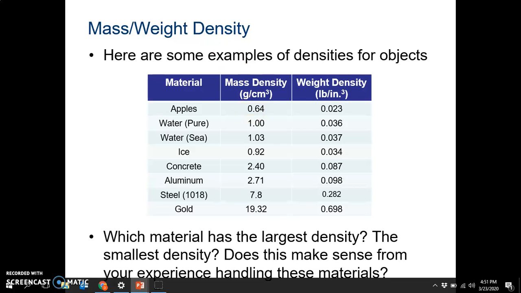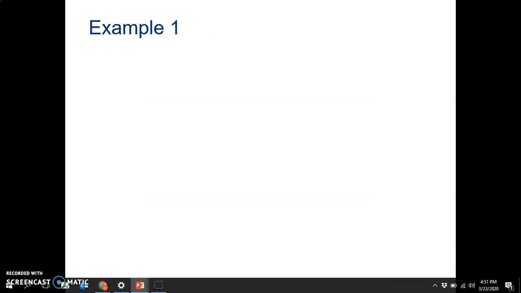The largest density would be gold, 19.32, which makes sense. Metals are pretty heavy for a given size, and apples are relatively light for a given size. If you take the size of an apple and fill that up with, I don't know, sand, you'd imagine that would weigh more. So I think that makes sense logically.